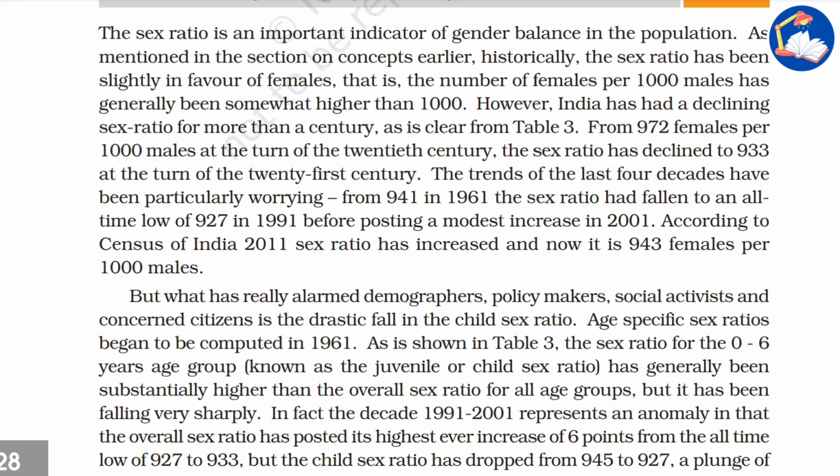From 972 females per thousand males at the turn of the 20th century, the sex ratio has declined to 933 at the turn of the 21st century. The trends of the last 4 decades have been particularly worrying.